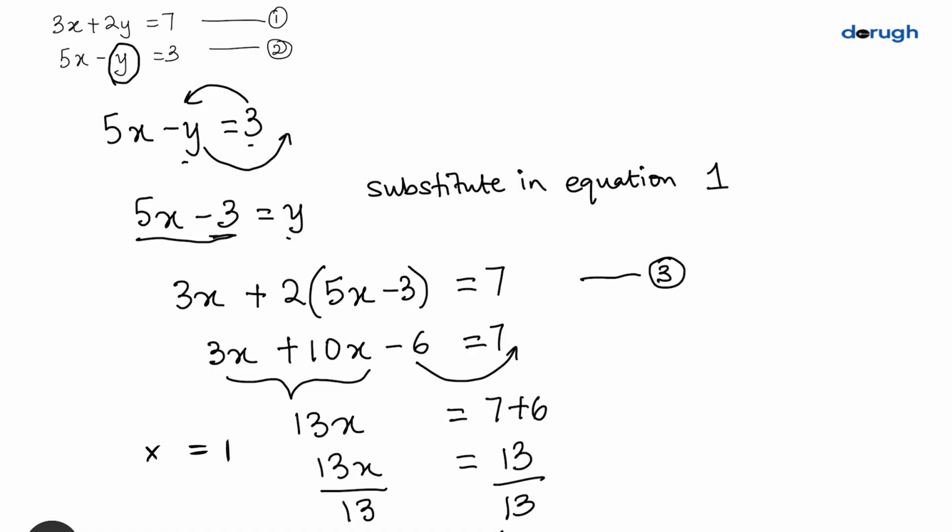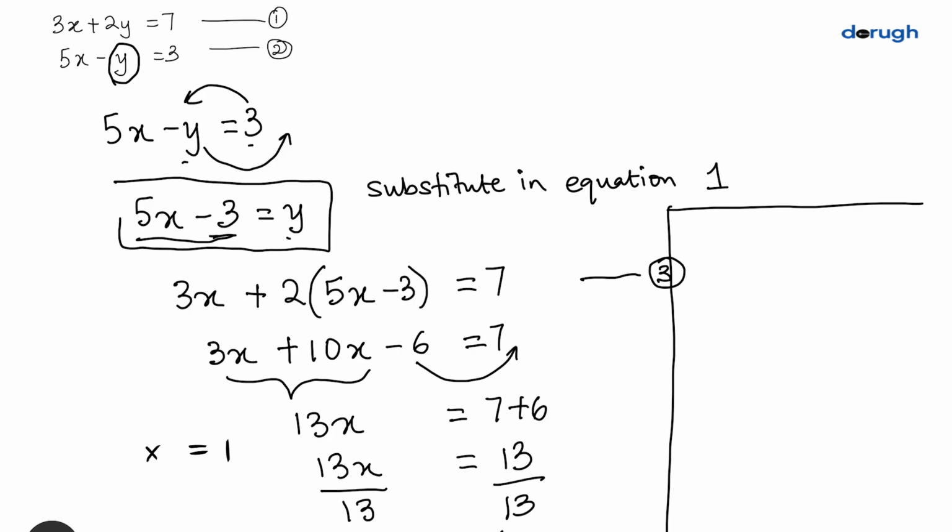So that we don't go to a new page, I'm just going to complete it here. Now that we have x as 1, all we have to do is come back to the equation we used for our substitution and input x as 1.